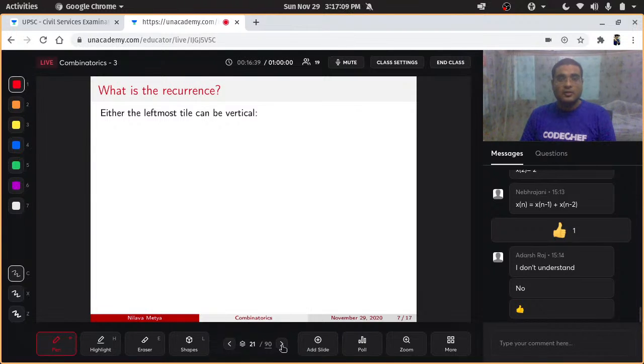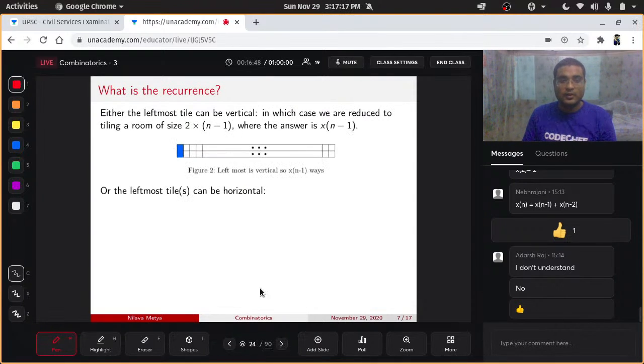Okay. So we can have two cases. So this is the entire room. Either my first tile, the leftmost tile that I have, is vertical. Okay. So I place this tile like this. I have placed it. Good enough.